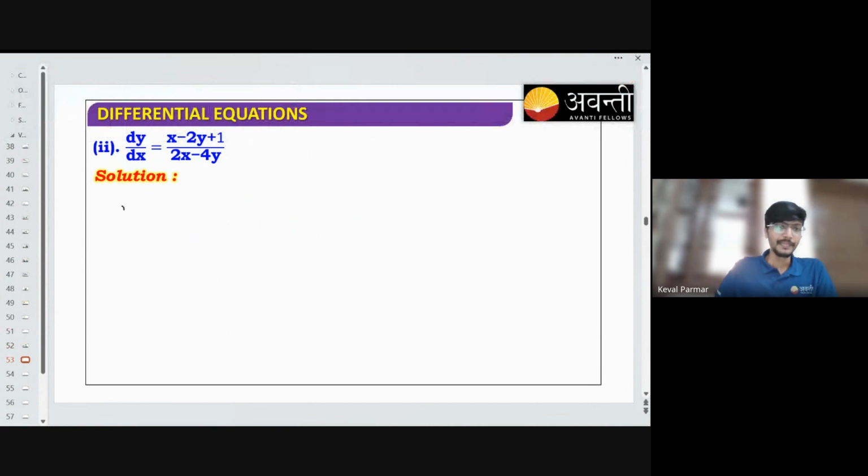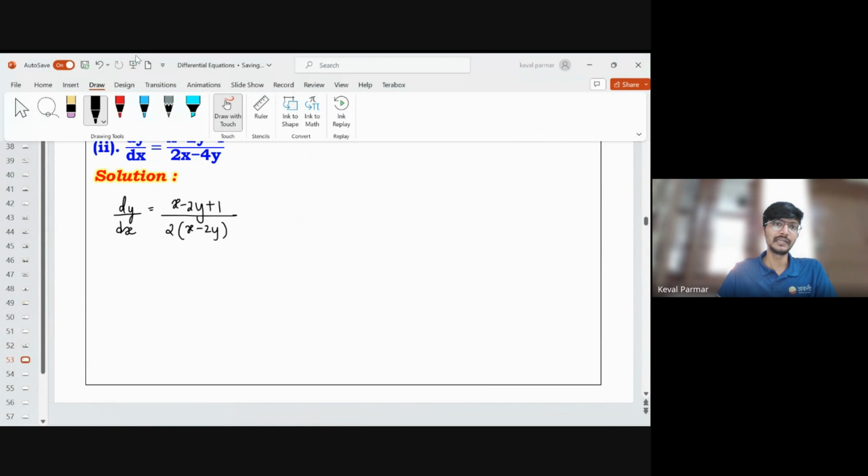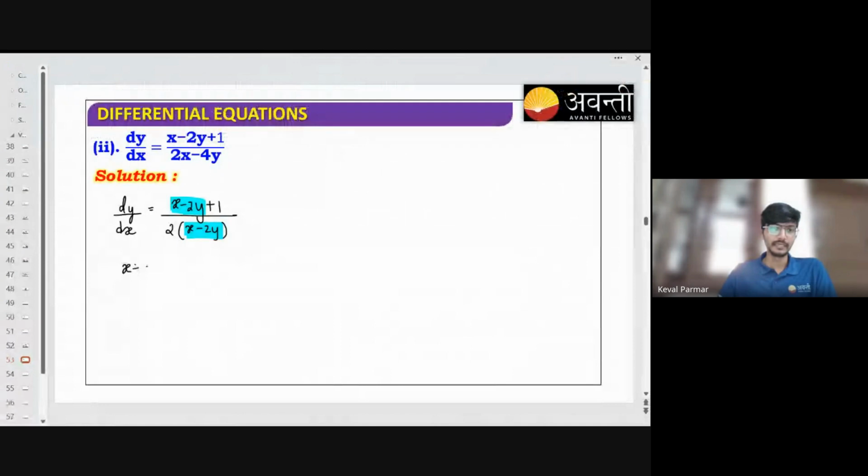Next question is also the same because you just have to take 2 common from the denominator and you will see there is some same part in x and y. What does the method say? The method says put x minus 2y for t, differentiate with respect to x.